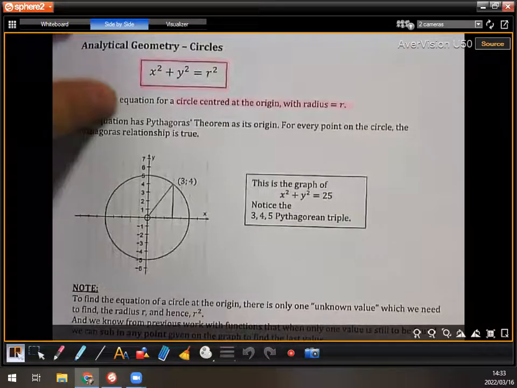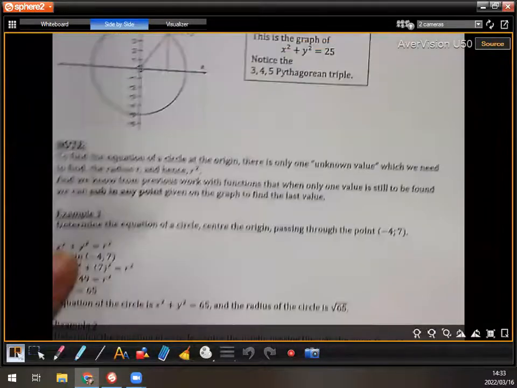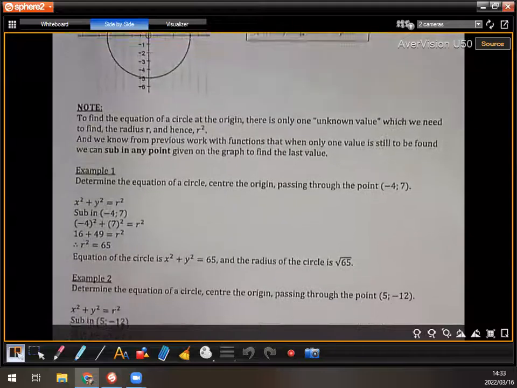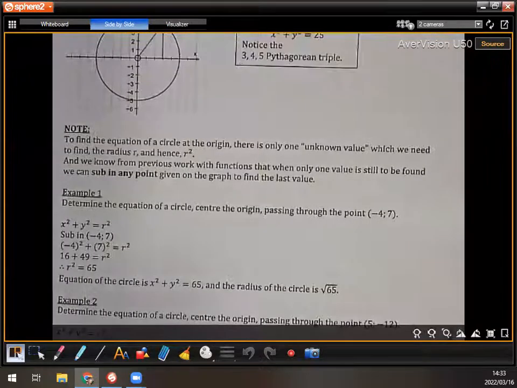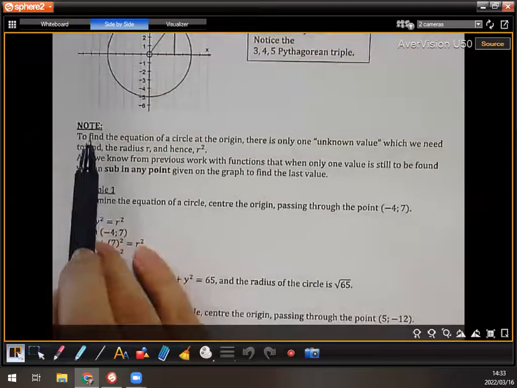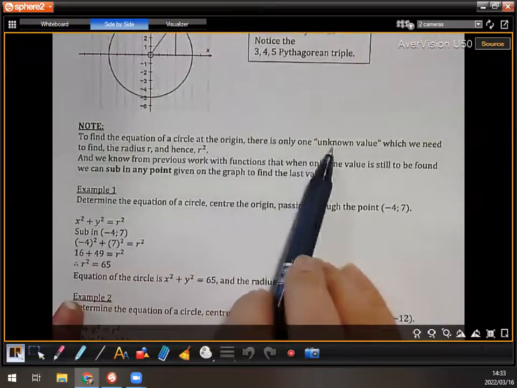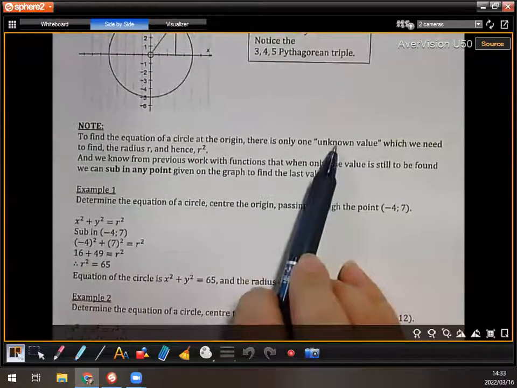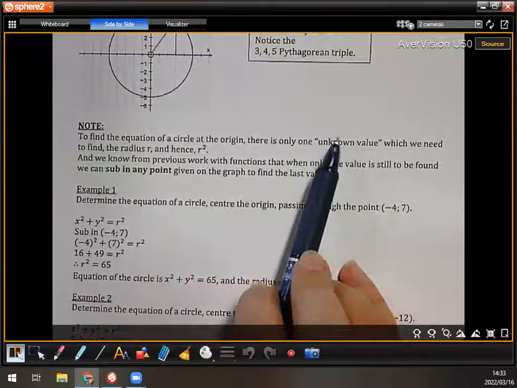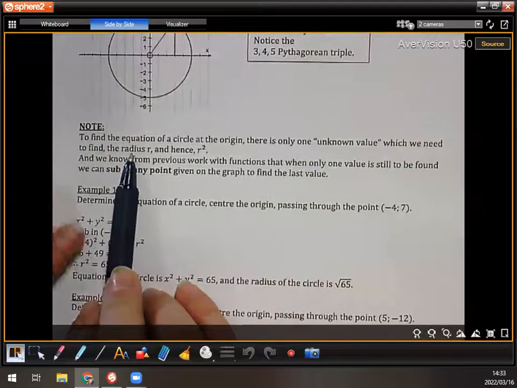Now there are some examples here for today. We're just talking about how you find the equation of a circle, all right? So here, this is important. To find the equation of a circle at the origin, there is only one unknown value, one value that you actually have to find an answer for, which is the radius, all right?